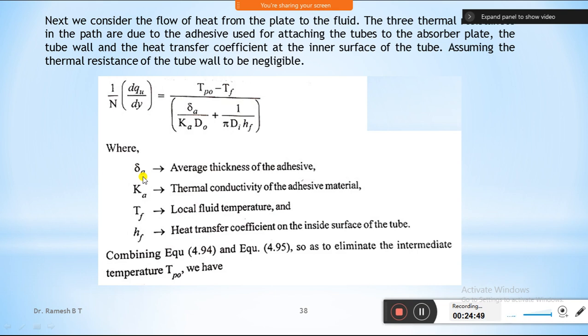Then Tf is the local fluid temperature, the temperature of the fluid inside the tube. And hf is the heat transfer coefficient on the inside surface of the tube; there is an inside and outside diameter of the tube, and that heat transfer coefficient is given by hf.